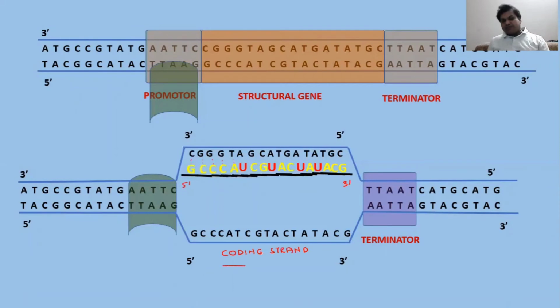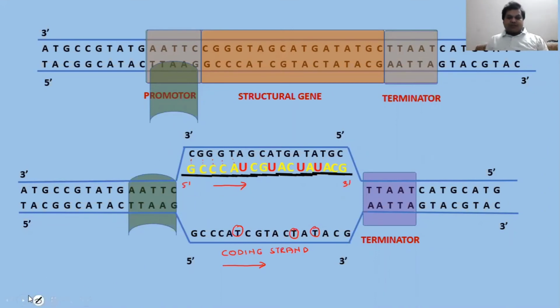This is also 5' to 3', and even this is 5' to 3'. Second, see the sequence, GCC, everything is the same. The only thing is that thymine is replaced by uracil. Getting it? Okay, this is clear with you, and that's the reason this is referred to as the coding strand.